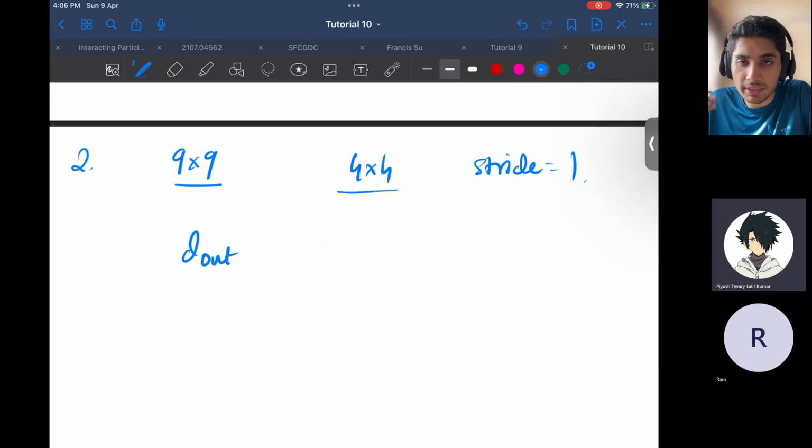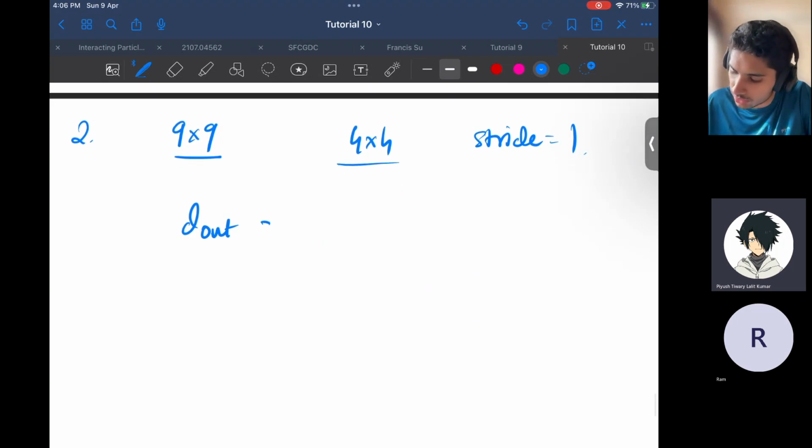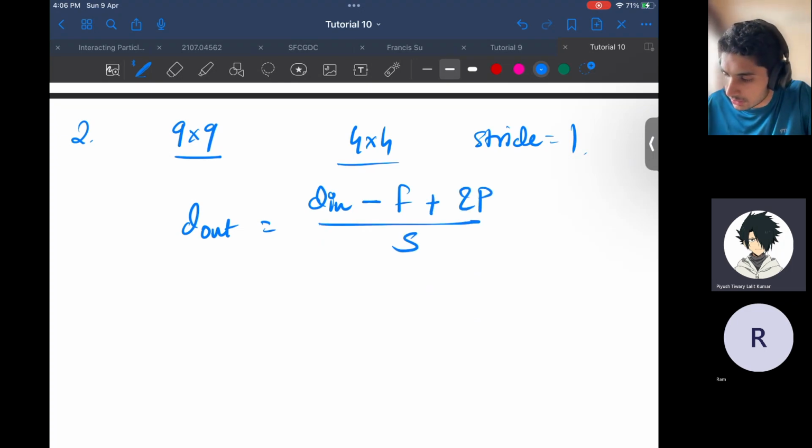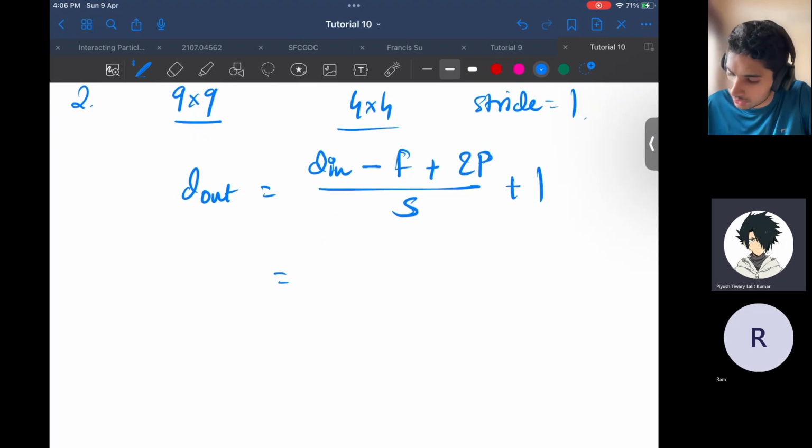D out, the dimension of output, is equal to (D in, the input dimension, minus the filter size f, plus 2p) divided by s, plus 1. Here p is the padding, f is the filter size, and s is the stride. So s is given to be 1.